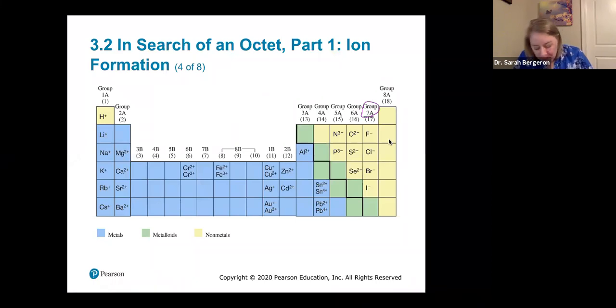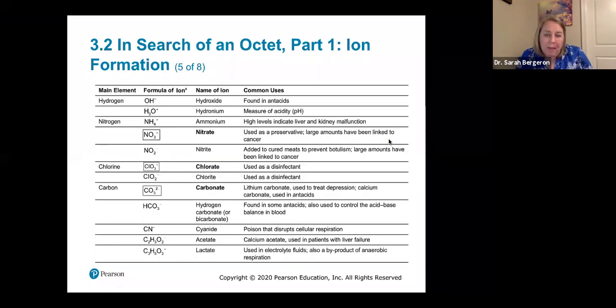Everybody in group 5A, they're -3. If you look in group 2A, everybody's a +2. But if you look at these transition metals, these guys right in here, you can see some of them can form different ions. And so you won't have to memorize them, but you just have to know that that does happen.